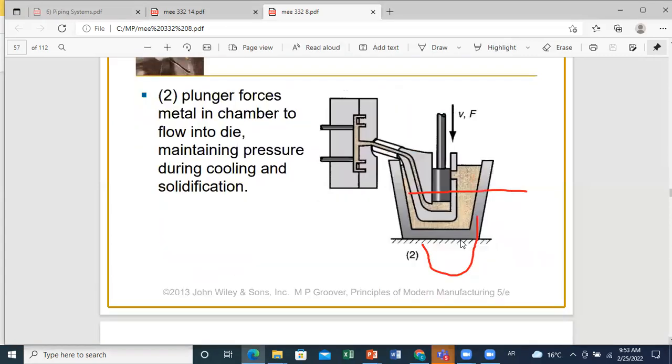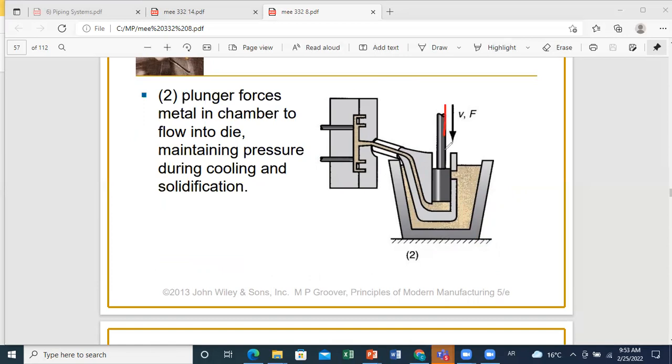Now, after you introduce the molten metal here, the next step is to apply pressure on it. The plunger will force the metal in the chamber to flow into the die, and will maintain high pressure during the cooling and solidification process. As you can see, moving down, this plunger will help force the metal to fill this cavity, and also you will maintain high pressure here.